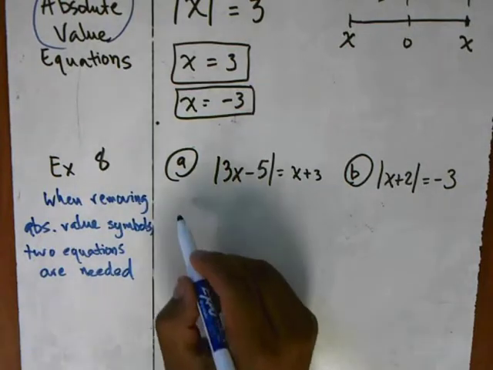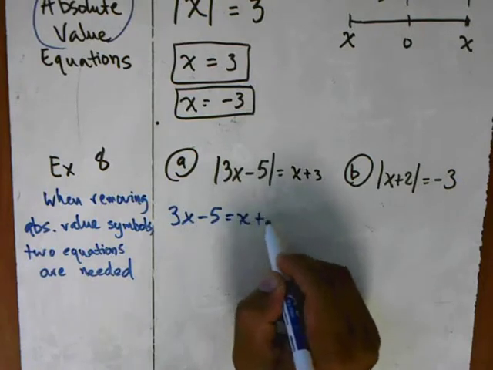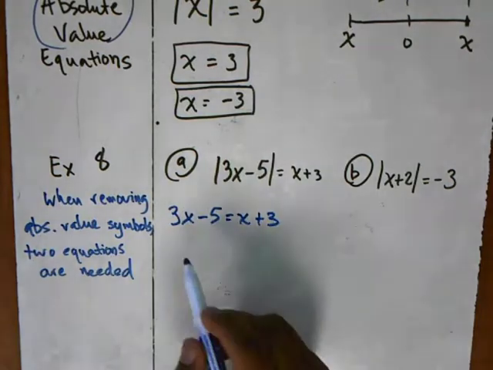And so the first equation is 3x minus 5 equals x plus 3. And let's solve that right now.